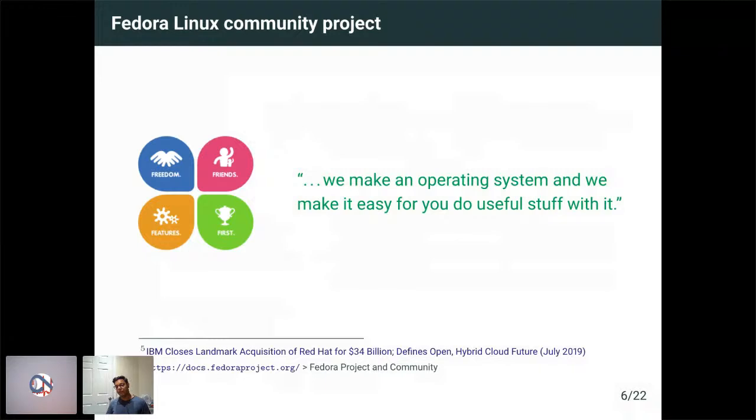It doesn't have to be software development. I know a lot of people that use it for design work, artwork. I know a lot of people that use it for music production. As I'll show you later, we have people that use it for astronomy research. There are people who are using it for big data. The point is that you have this platform, and we can make it easy for people to use this platform for their particular use case.